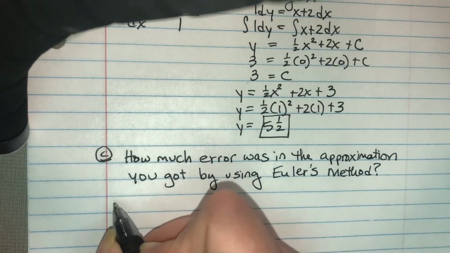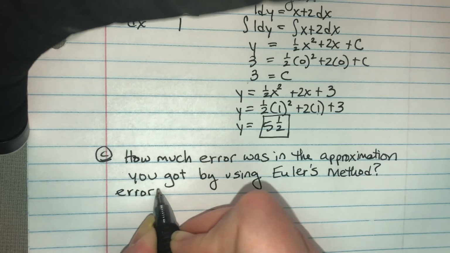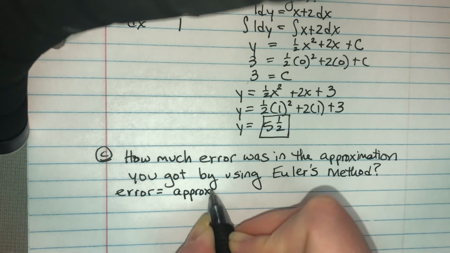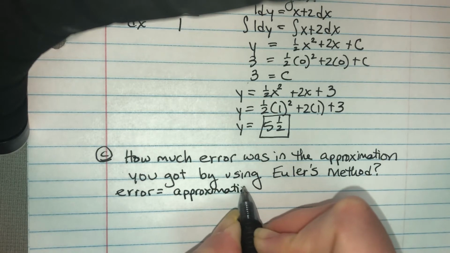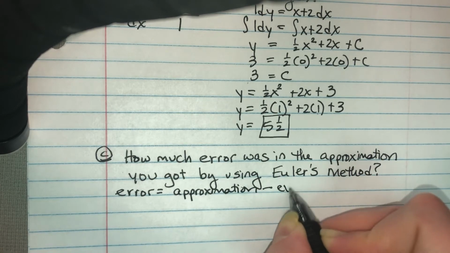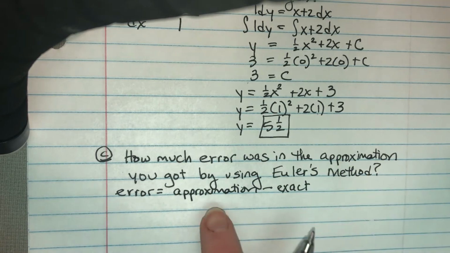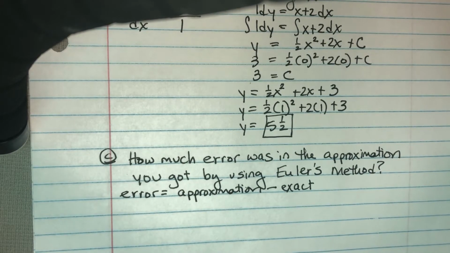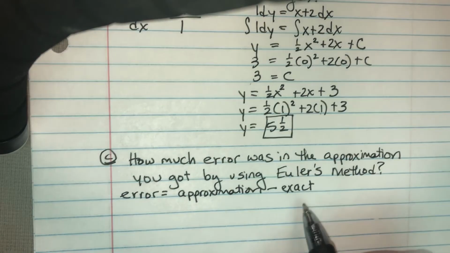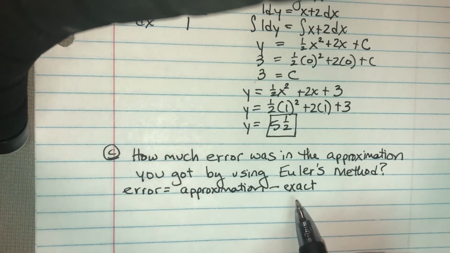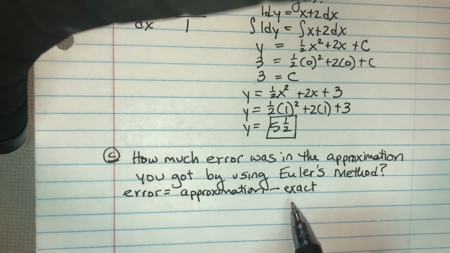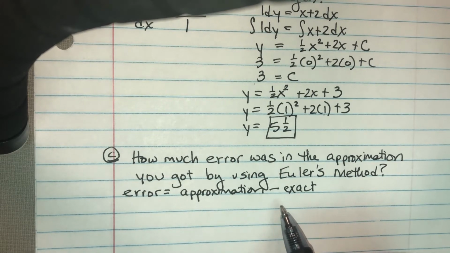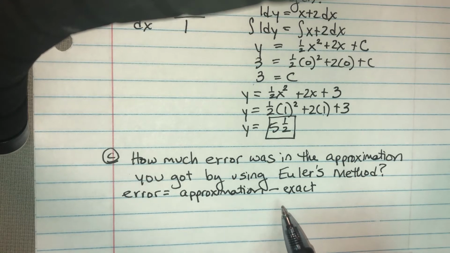So the error is going to be equal to the approximation minus the exact value. So if they're equal, you have 0 error. And if the exact value is more, then your error is negative. And if your exact value is less, then your error is positive.